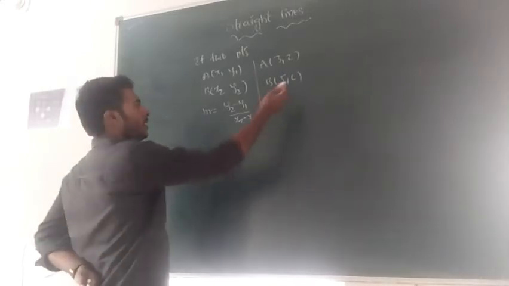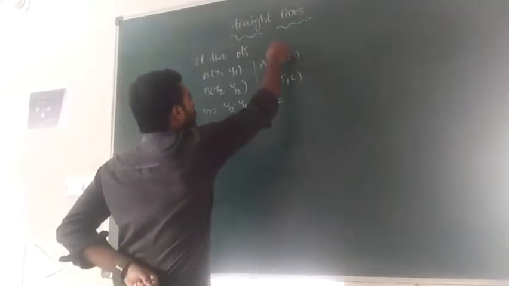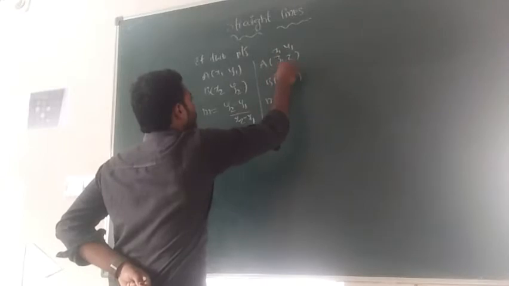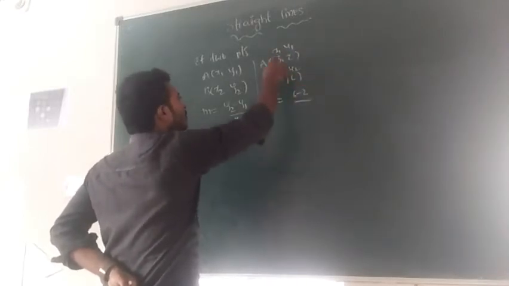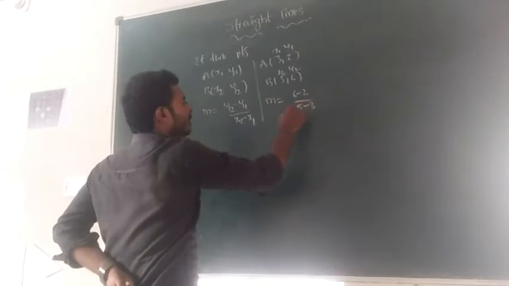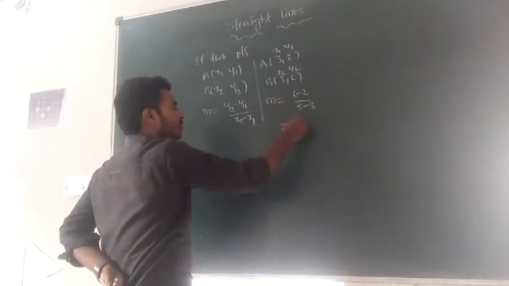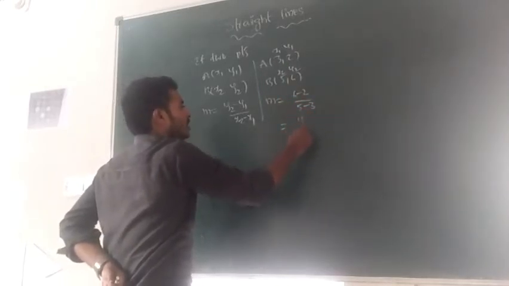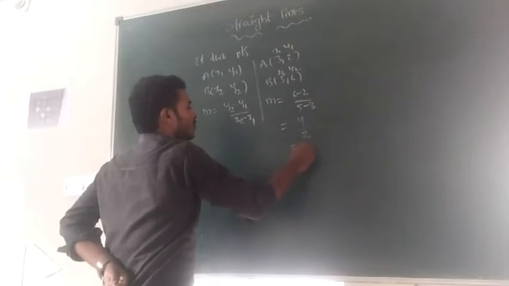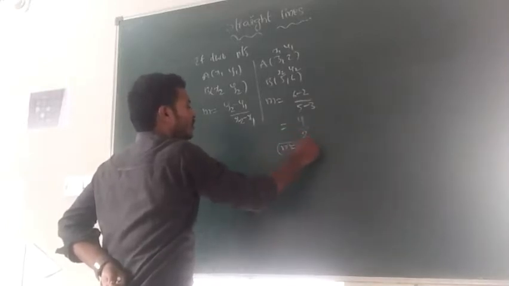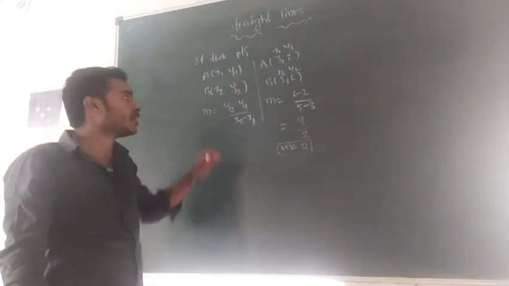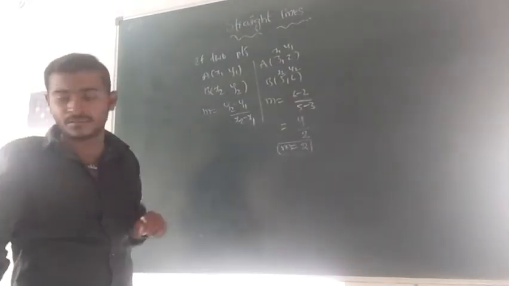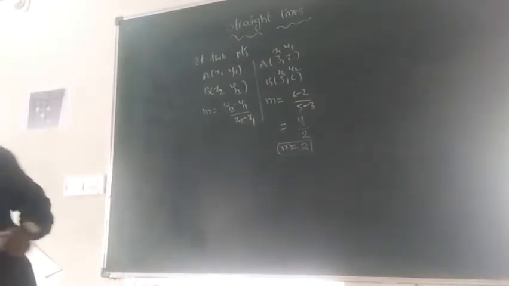To find the slope, substitute: x1, y1 is this and x2, y2 is this, so 6 minus 2 over 5 minus 3. 6 minus 2 is 4, 5 minus 3 is 2, 4 by 2 is 2. So we get slope m equal to 2. When two points are given, we have to find the slope.